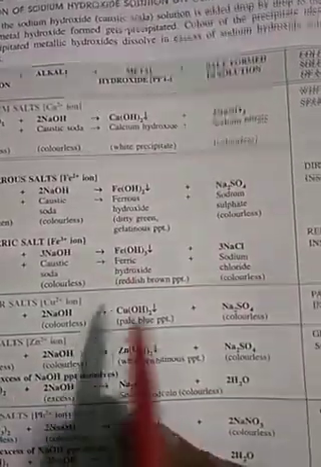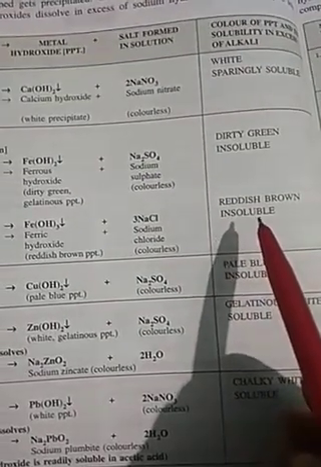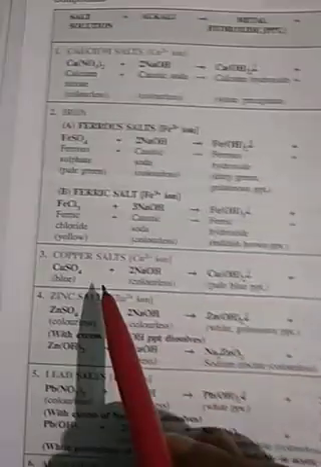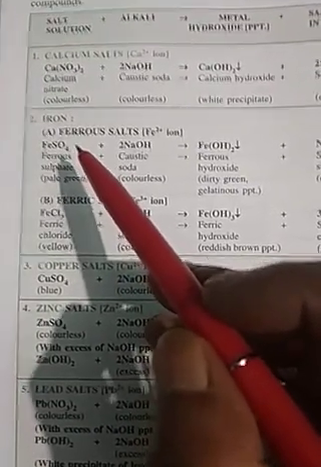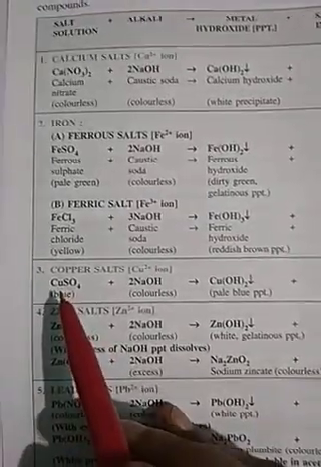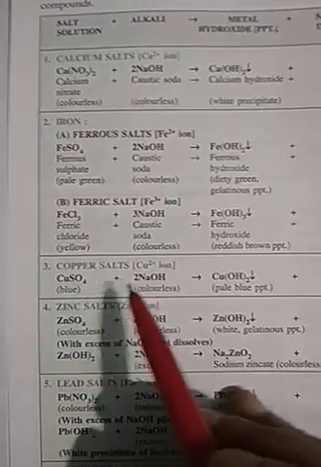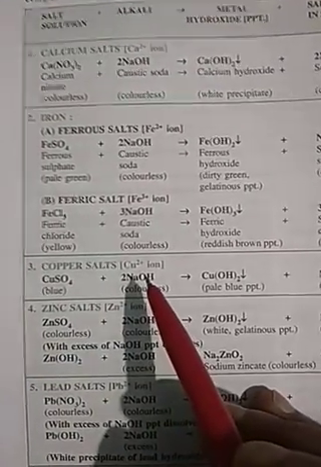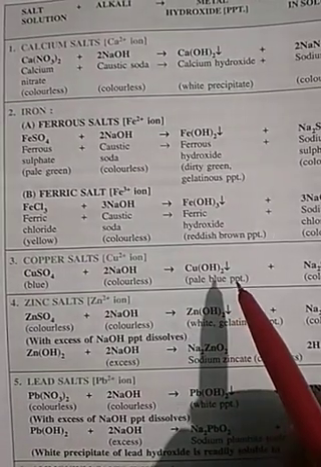On adding excess sodium hydroxide, it remains reddish brown. Any salt of iron, mind it my dear students, will form a green precipitate. Any salt of copper, after reaction, will form a pale blue precipitate.